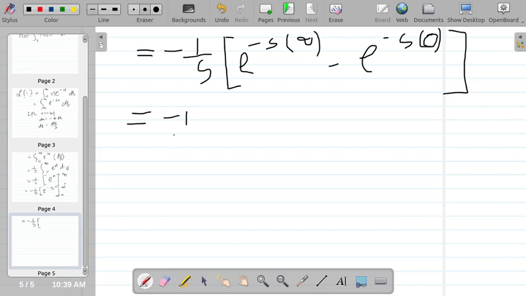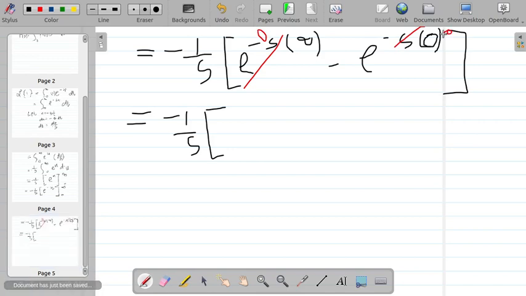negative 1 over s times e to the negative s multiplied by infinity, which is just equal to 0. Then negative s multiplied by 0 is 0.